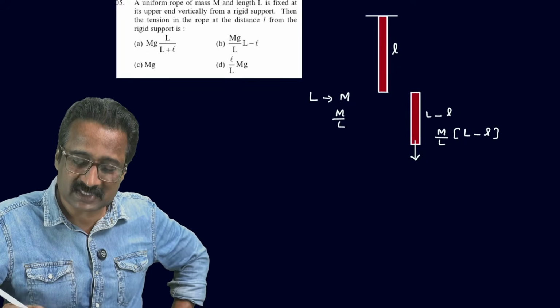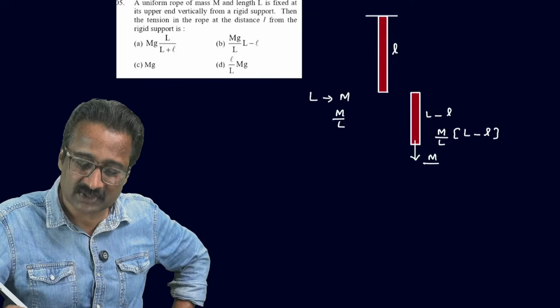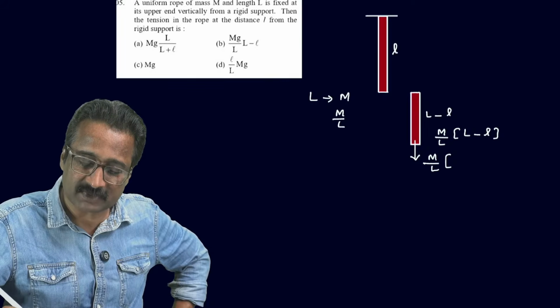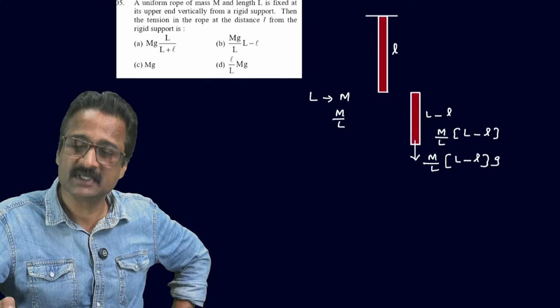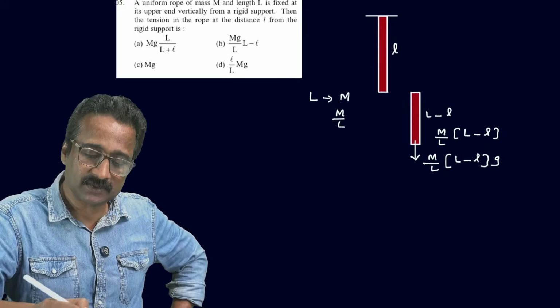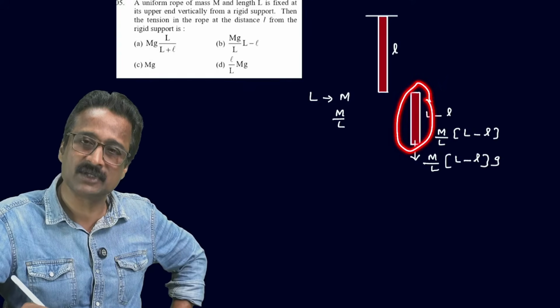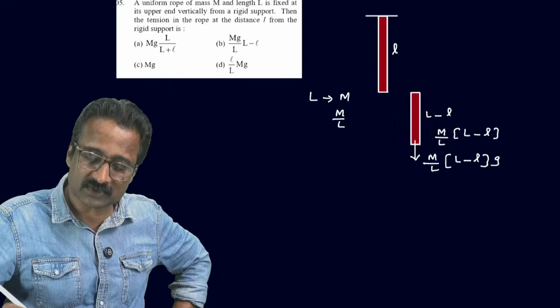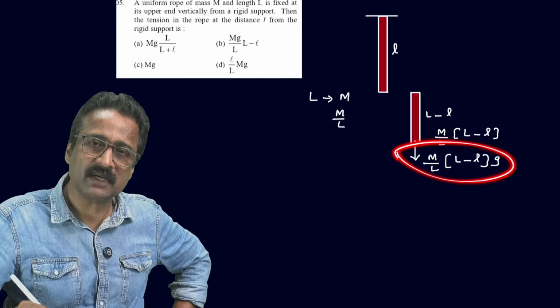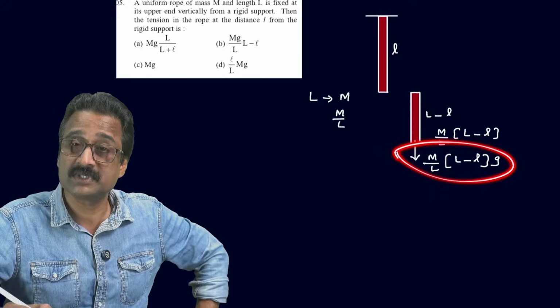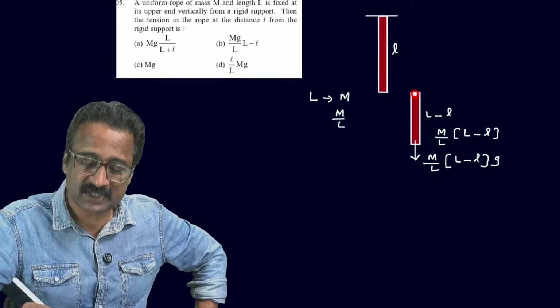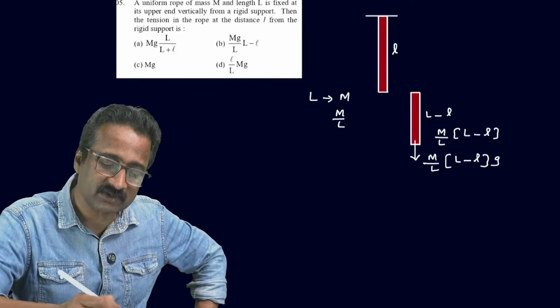So this portion has its own weight also. I'm showing the weight now. It is mg of this part, or M by L into L minus l, that into g, is the weight of that part. So the fact is that this piece has its own weight. But even though it has its own weight, some other force is balancing it. That is why this part is in equilibrium. And which is that force? It is the force of tension here. The molecular force is actually balancing it.